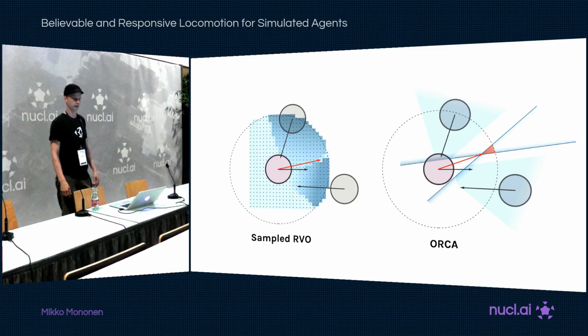This means that the disk of the other character becomes a cone-shaped obstacle in velocity space. As long as you pick a velocity which isn't inside this cone, it will lead to no collisions. The obstacles we have in the velocity space are the boundaries of the navigation mesh, and other moving characters in the scene. So we don't try to, for example, choose a velocity which will lead us to a wall.